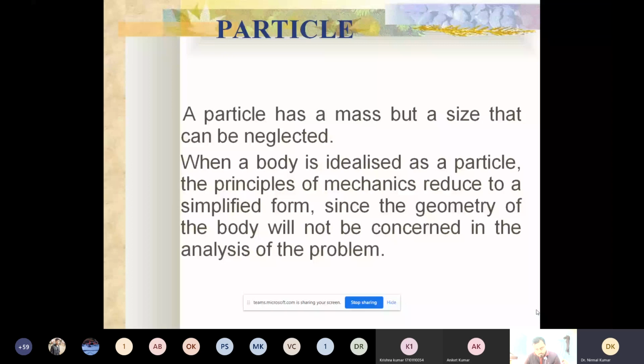It will have length, breadth, depth, thickness, and it will become an obstacle in our analysis, and therefore the size effect is neglected. A point has no size. It is just to make the analysis, to move forward to learn mechanics.